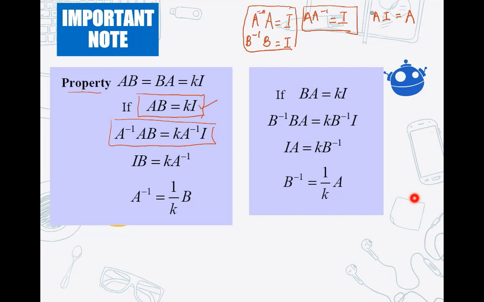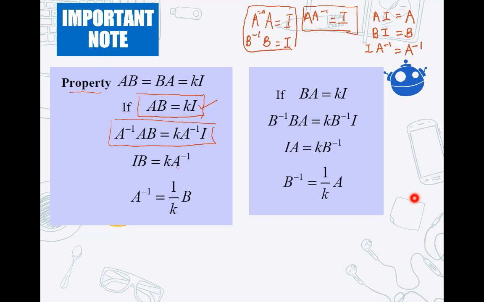For example, A multiply identity, B multiply identity will be giving you B. Identity multiply any matrix, for example A inverse, you will be getting back the same matrix. So here on the right hand side, when A inverse multiply identity, we will be getting A inverse.